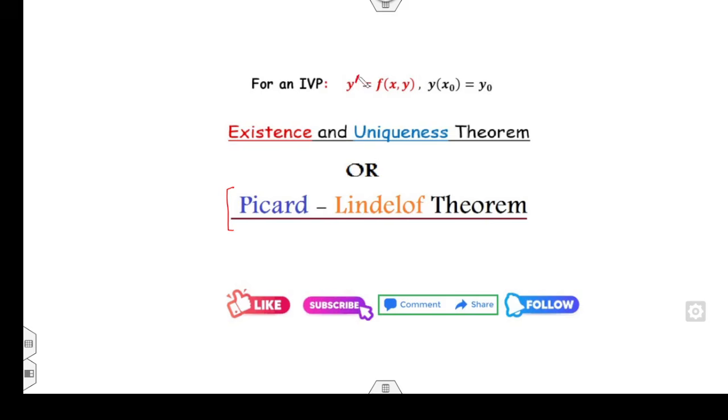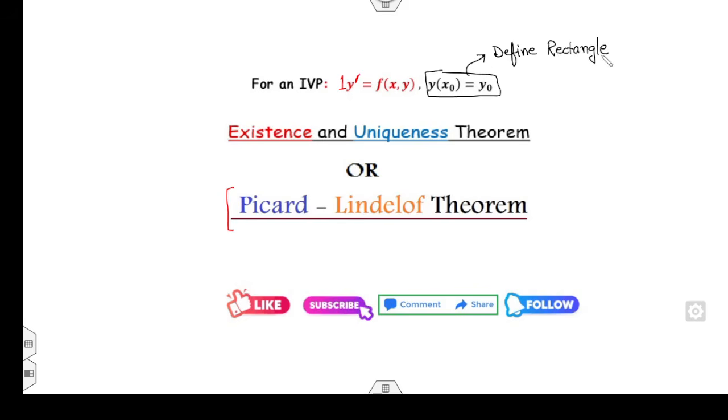Make sure students, again मैं बार बार कह रहा हूं, the coefficient of dy by dx must be 1. Now once you have the initial value problem, like this is my initial condition, we can define the rectangle corresponding to the initial value problem.